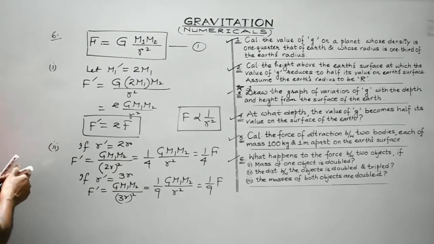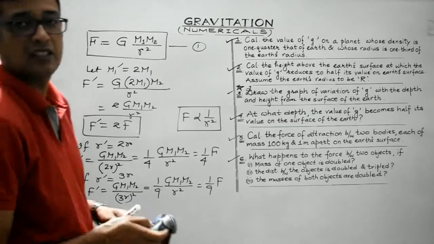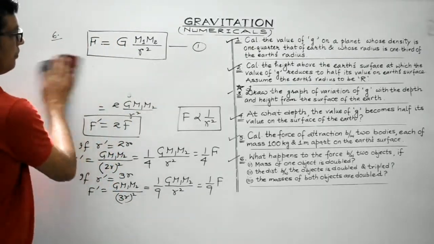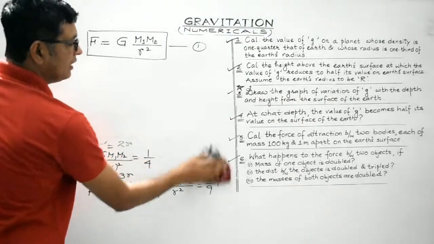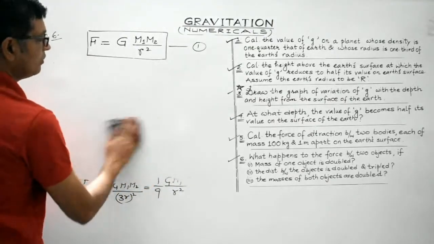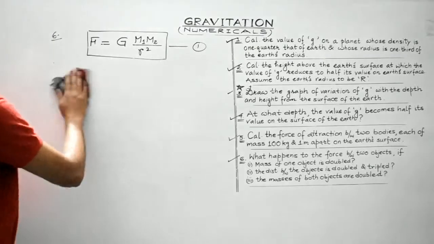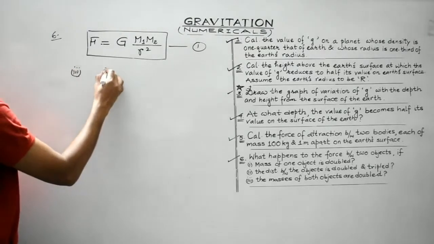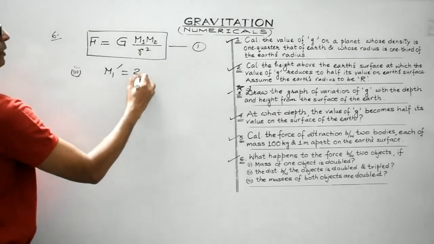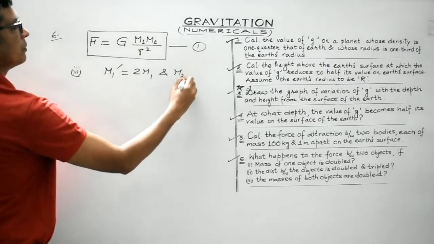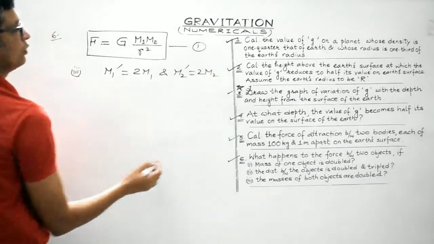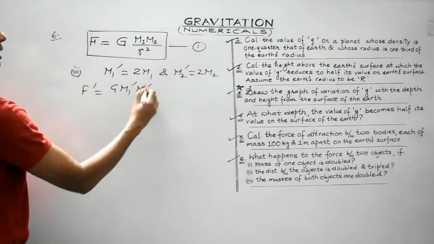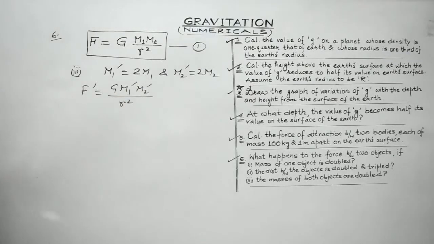Right? Okay, last part. The masses of both the objects are doubled. Third part is masses of both the objects are doubled. So what to do is m1 will become twice m1, m2 will also become twice m2. Now m1 dash, the new mass, would be twice m1 and the other mass would be twice m2. So the new force will be equal to G m1 dash m2 dash divided by r square, isn't it?